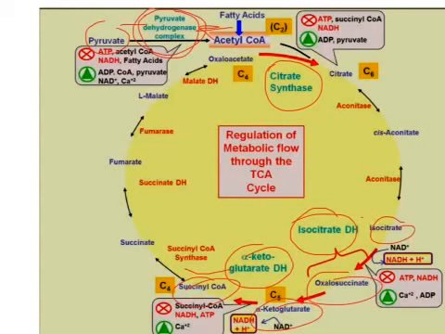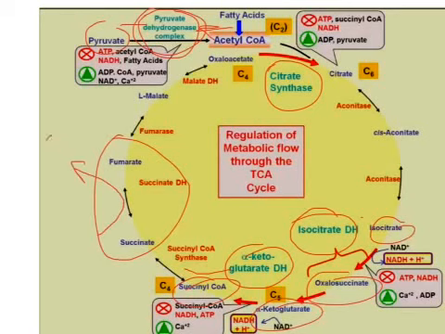Now the last thing to take note of is this reaction right here. So from succinate to fumarate, if you remember right, you get the production of FADH2, and I showed that on the previous picture. Why that's interesting is because succinate dehydrogenase is part of something called complex 2.